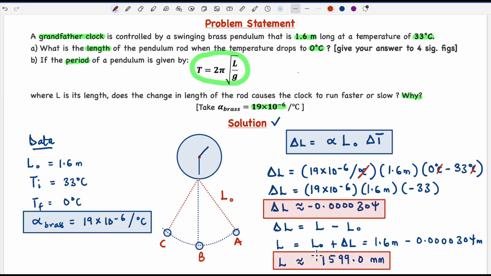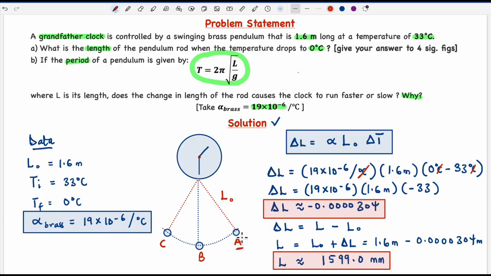And now let's look at the second part of this problem. It says if the period of a pendulum is given by T equals 2 pi square root of L over g, what happens to the time, or what happens to the clock? Does it run faster or slower? The period of this pendulum is the time it takes if it starts from point A, goes through point B to C and then back to A, making one complete cycle.